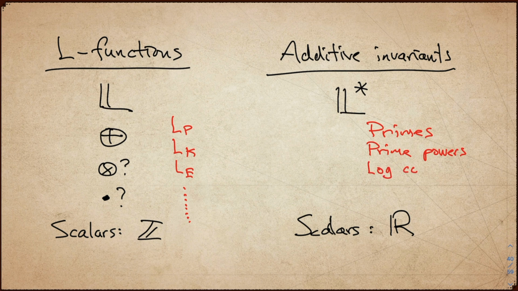The log conductor, the degree, the analytic rank, all the Keiper-Li coefficients, and many more invariants, all of these are also elements of L star. So, in some sense, they can be viewed as generalized primes.